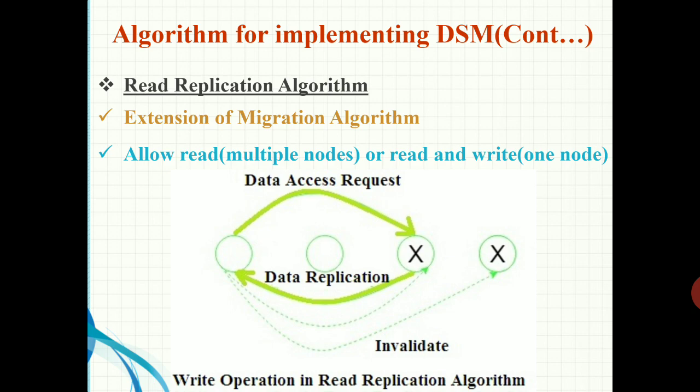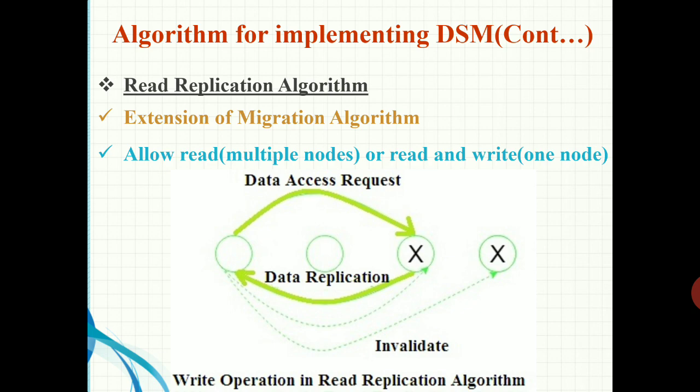Here you can see the write operation in the read replication algorithm. The first node requests access to the third node, then the entire block is transferred to the first node. Then if it performs some write operation, the data may be updated or invalidated. In that situation, the updated or invalidated data must be updated in all the copies, or all the replicas, in the system.